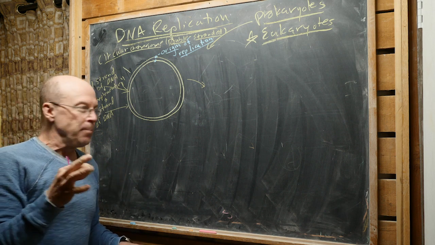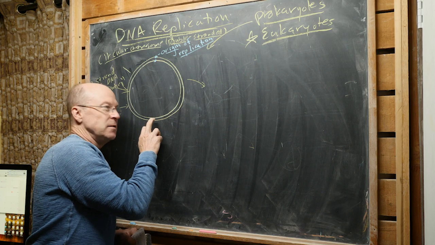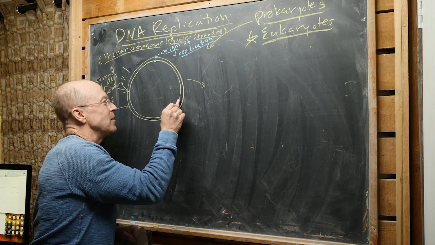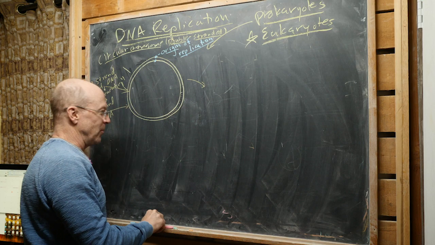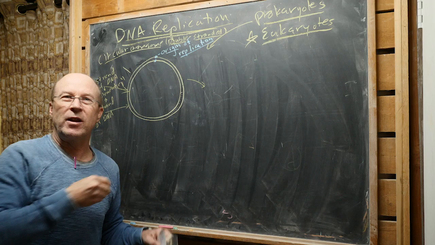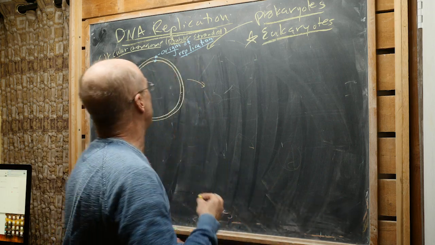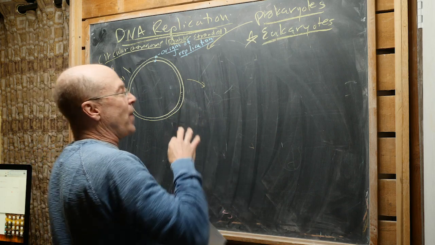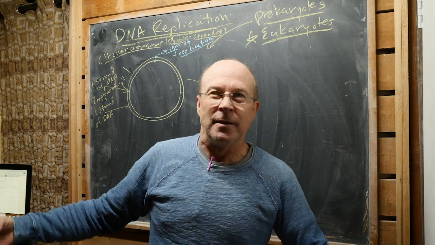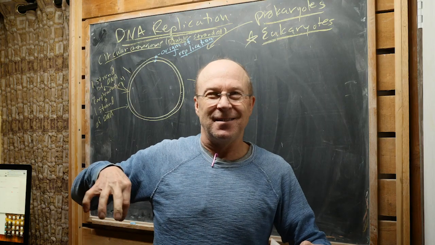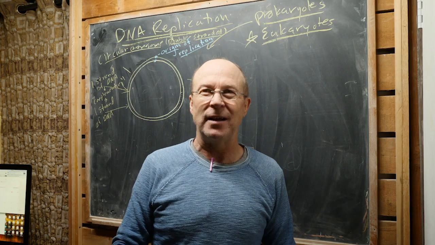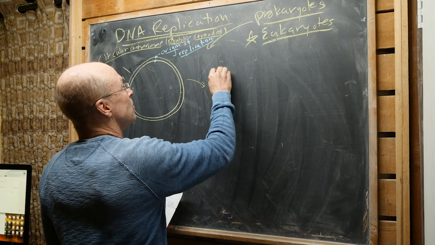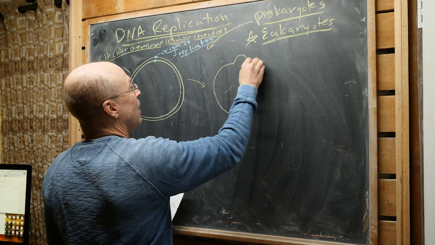So, if we blew this up, of course, we would see individual bases. We would see, the life of the party would be all these little hydrogen bonds that hold this thing together, which I'm not going to really draw. This is just a very, very basic cartoon of the process. So here's our origin of replication. And what we're going to see, without identifying any of the machinery that causes this to happen. We'll get into those kinds of things later. We'll just look at the process. So here we have this chromosome that has a bubble now.